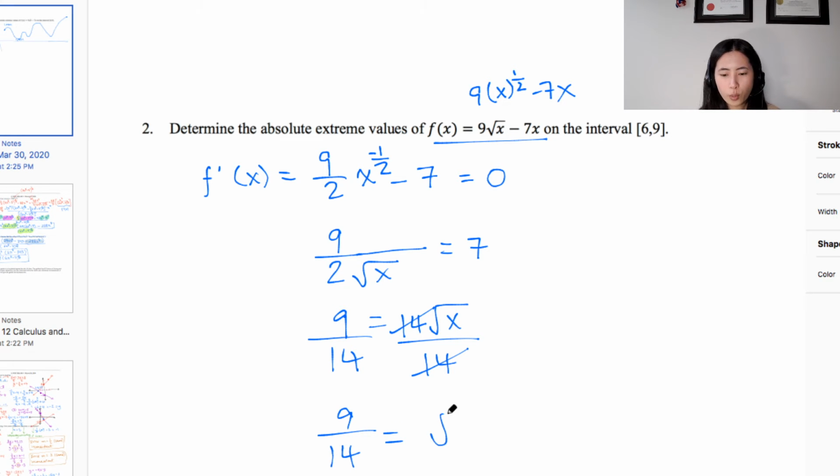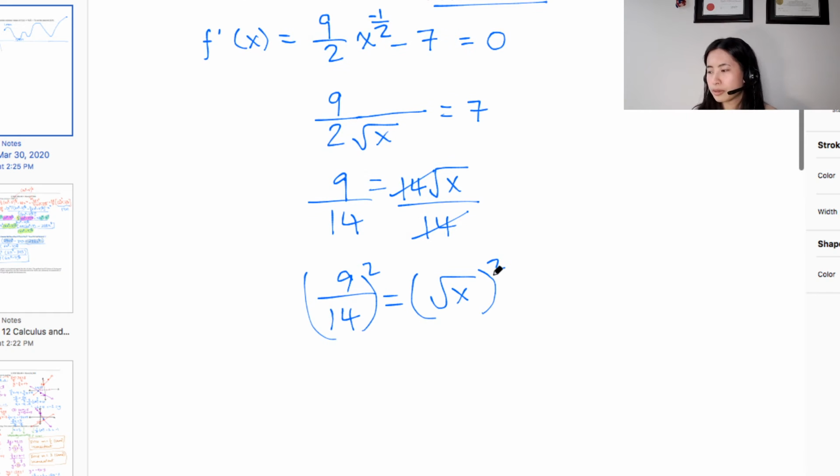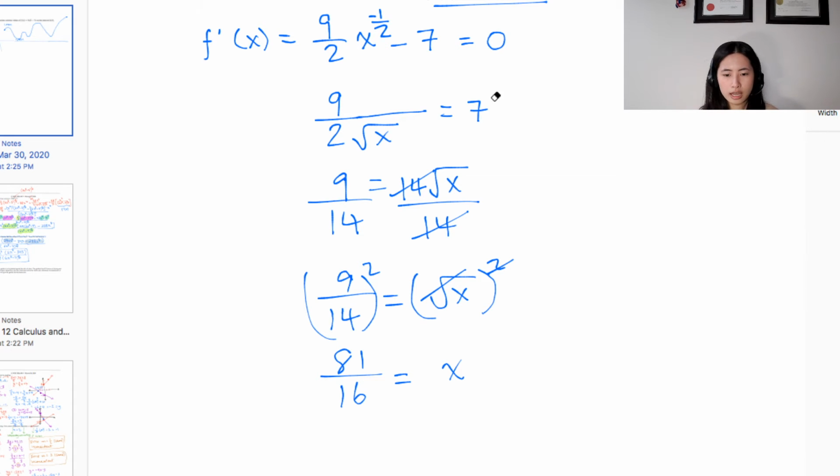So this is square root of x, and how do we get rid of the square root? Well, we have to square both sides. Squaring both sides would give you 81 over 16, and this is equal to x, right? Sorry, this is 14 squared, it's not 16.